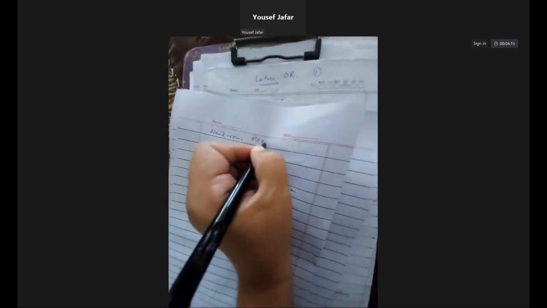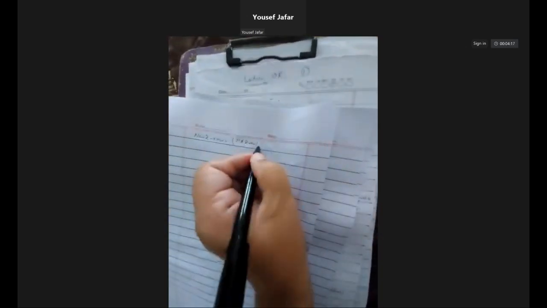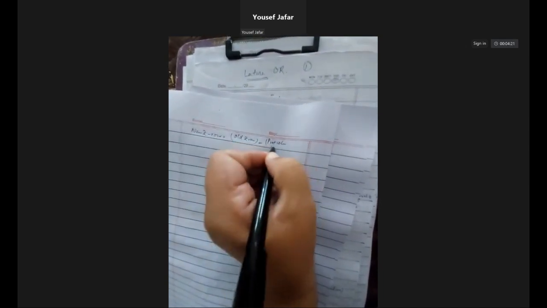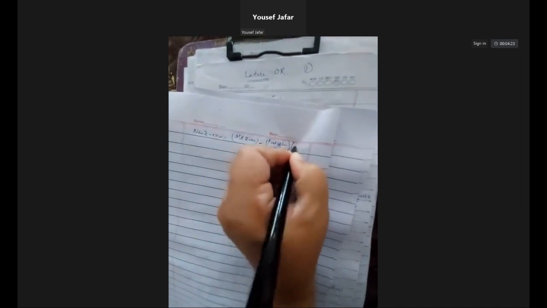Now the new Z row is equal to the old Z row minus the pivot column coefficient into the new pivot row.